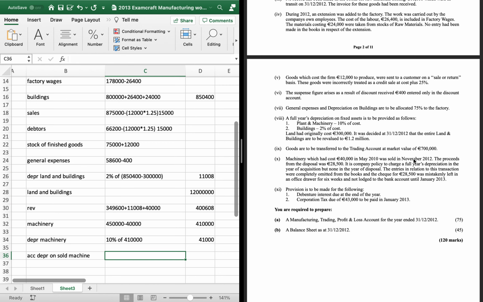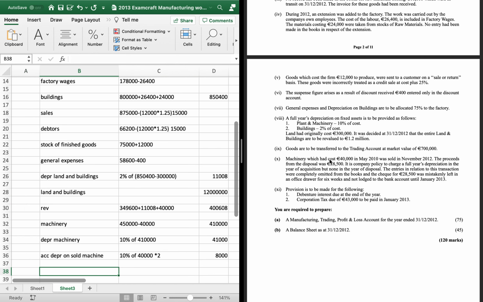Now you sold it in November, but you're not depreciating it for any of November or for any of 2012. So it's only 10 and 11. So it's going to be 10% of the 40,000 by 2 years, which would be 8,000. Okay, so that's the depreciation on the one we sold.